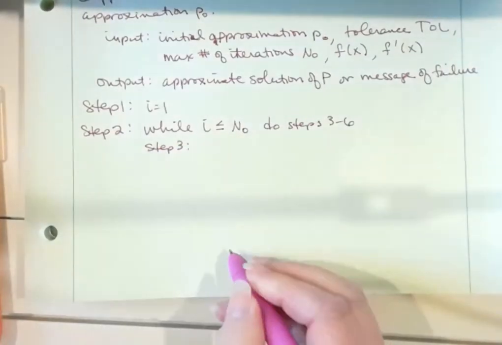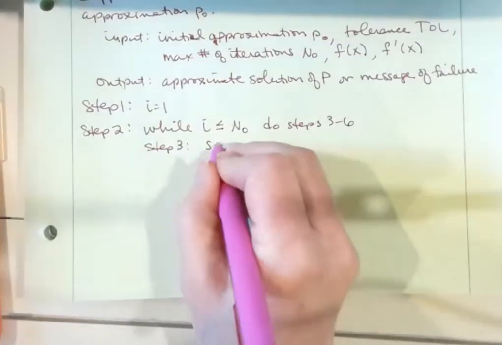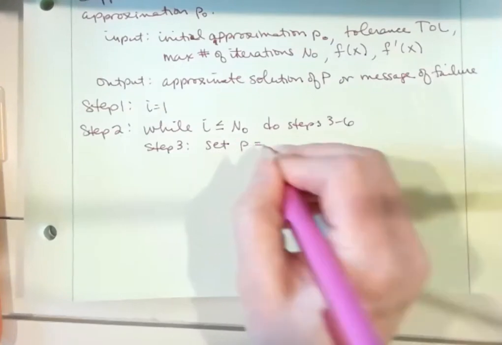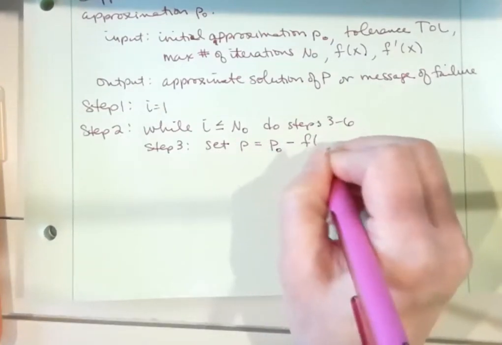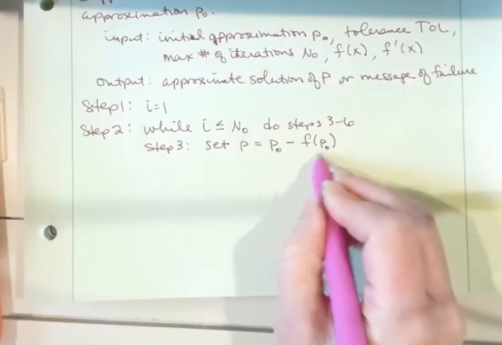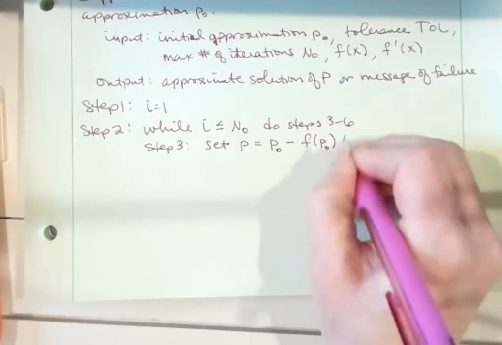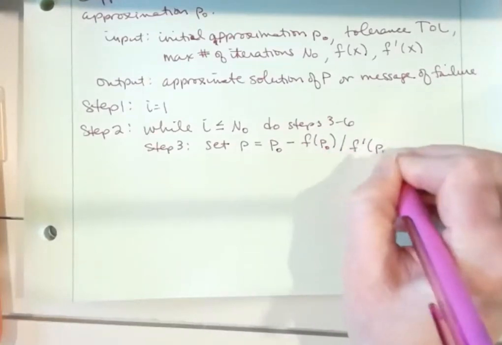So step 3, we're going to set p equal to p0 minus f at p0 over f prime at p0.